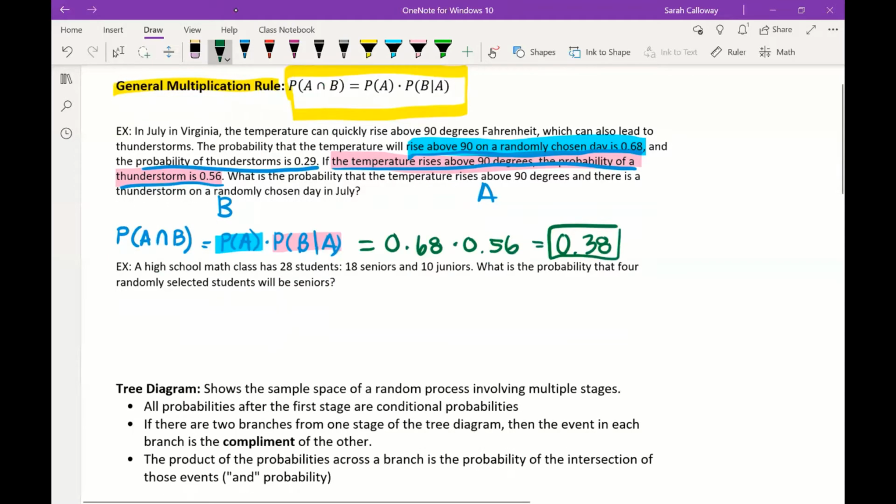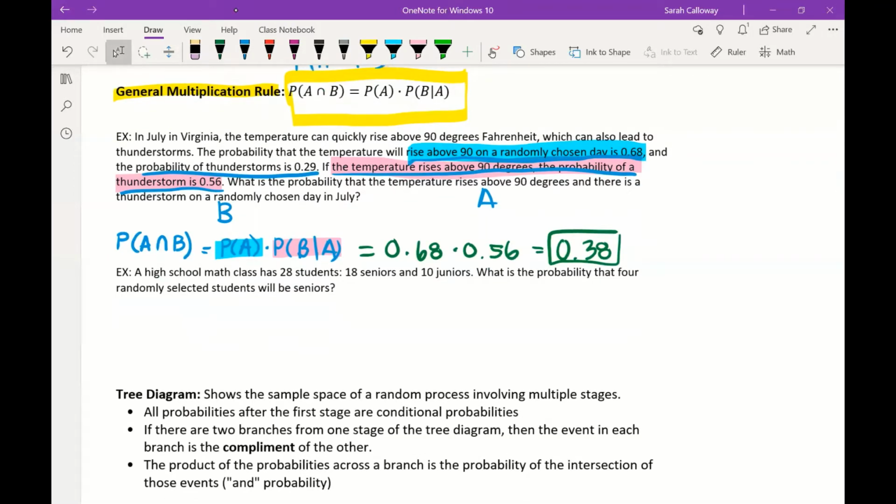Okay, one more we've got. A high school math class has 28 students, 18 seniors and 10 juniors. What is the probability that 4 randomly selected students will be seniors? So we've got the probability that we select a senior and a senior and a senior and a senior.